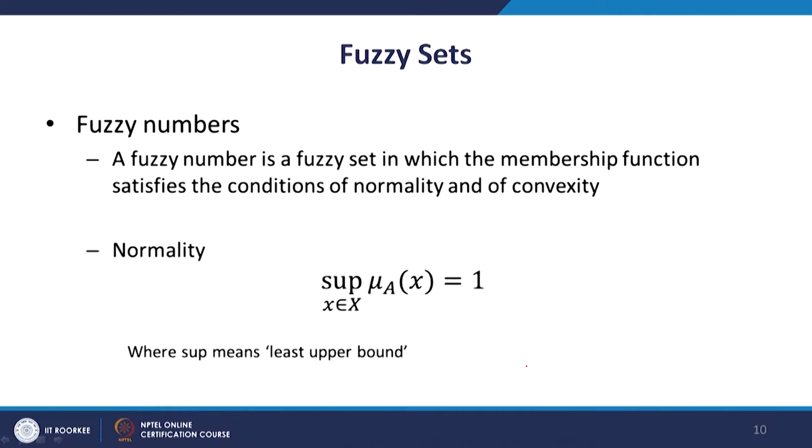Then we moved to another concept, that is fuzzy numbers. We talked about how fuzzy numbers are defined. A fuzzy number is a fuzzy set satisfying two properties, normality and convexity. Normality is about having a least upper bound value of 1, so at least one element belongs fully to the set.